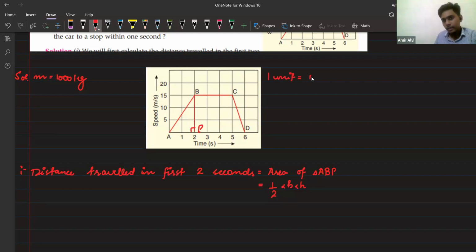It is 1 second on the x-axis. One second. Okay. And on the y-axis, you can see 5 meter per second.